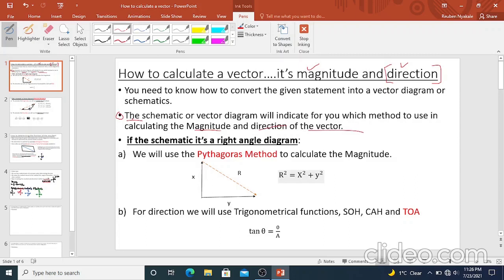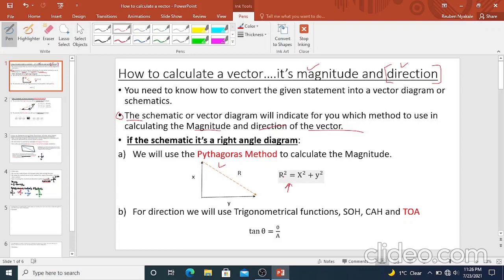For instance, if you are given the statement and you converted it into a vector diagram and you find that the vector diagram is a right angle, now in calculating the magnitude of the right angle, you will use the Pythagoras method.